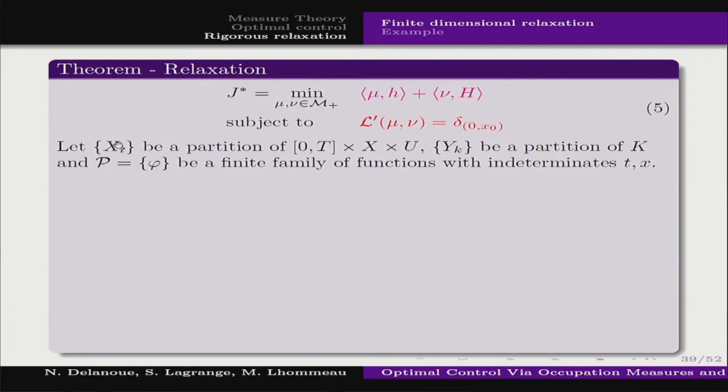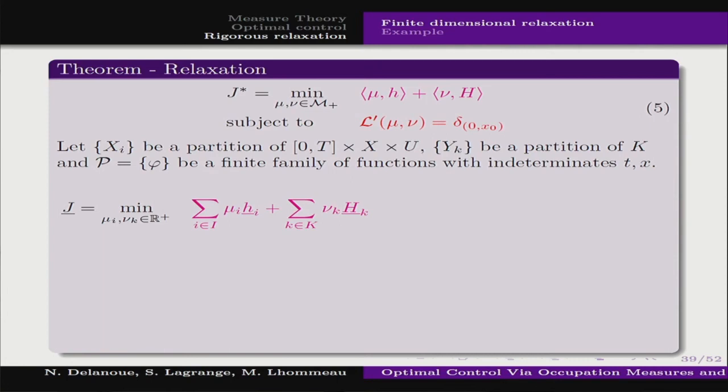So from the first problem, I relax, using interval analysis, the cost, not the constraint. I have a smaller cost. But I have also, again, an infinite number of constraints.